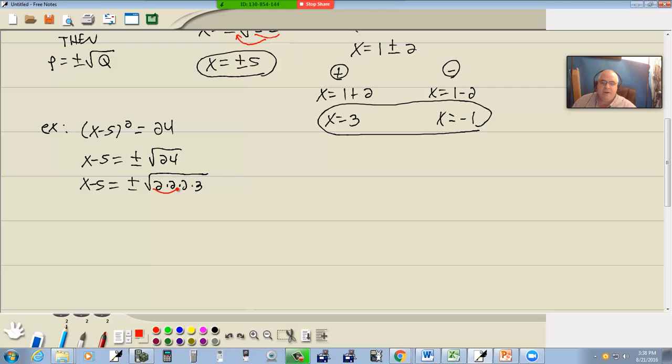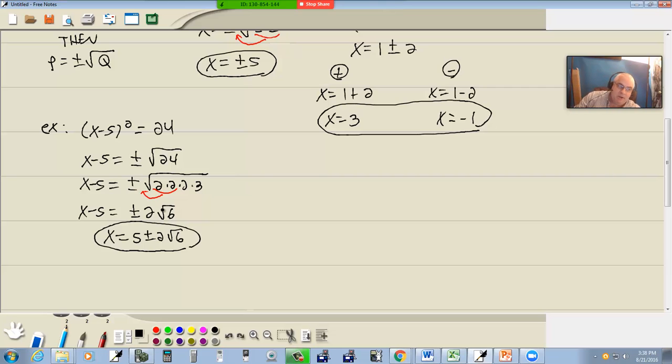Now remember, we're looking for a pair of something, so here's a pair of 2s. So that's going to come out in front as a single 2. And we're left with a 2 times 3 inside, which leaves us with the square root of 6. Then we'll take the negative 5 and move it over. And we get 5 plus or minus 2 square root of 6. And that would be our answer.